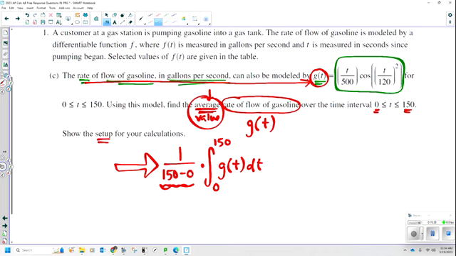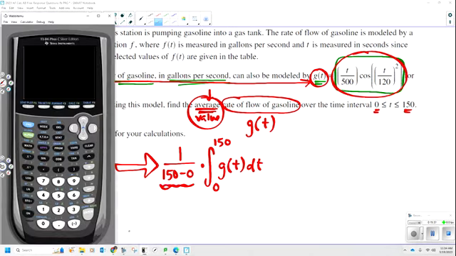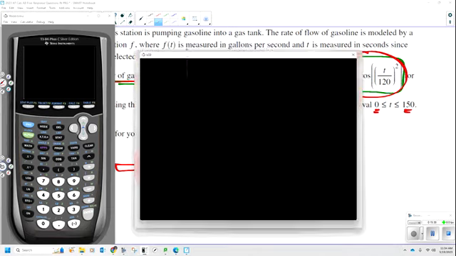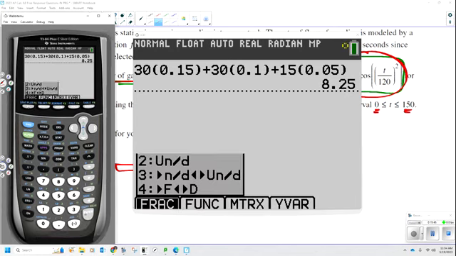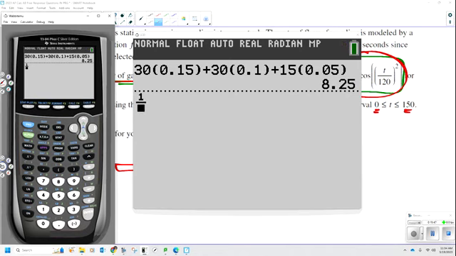I'm just going to put that in a calculator. And I'm going to substitute my equation in for G of T. Man, I wish they were all like this. This is nice. So let's turn this on. And we are going to start with a fraction. And we're going to put 1 over 150 minus 0. Mister, can't I just put 1 over 150? Sure you can there, little Timmy.